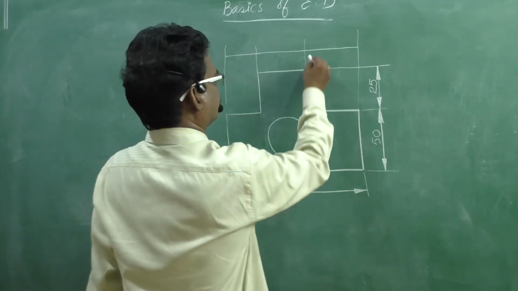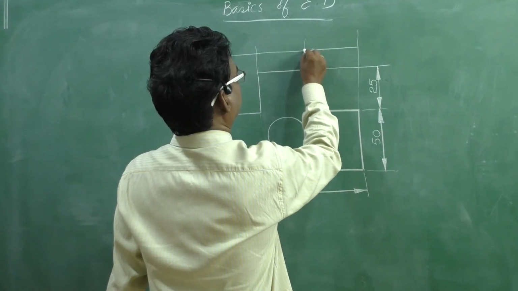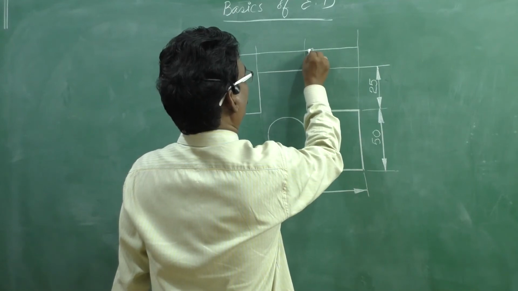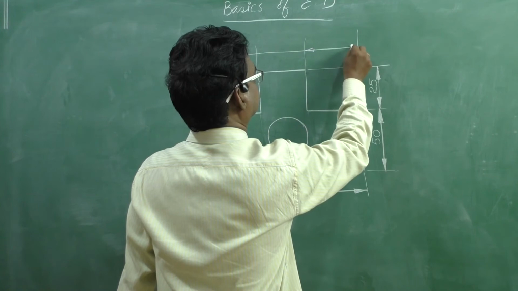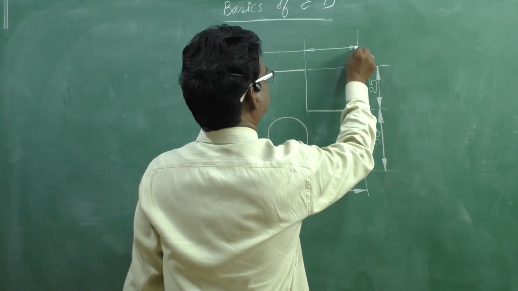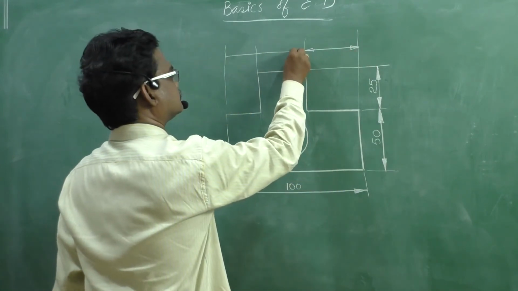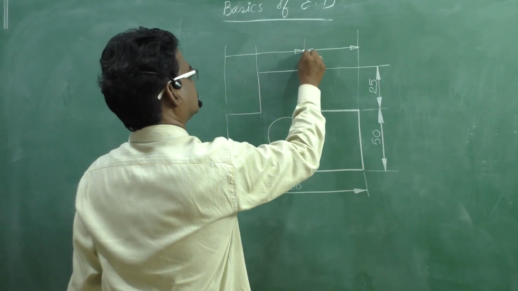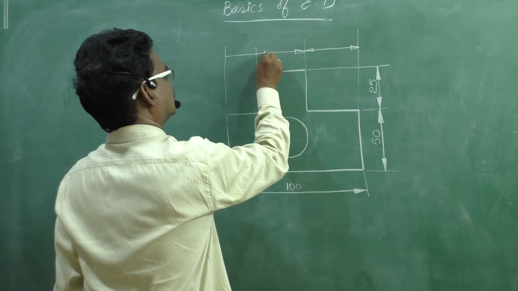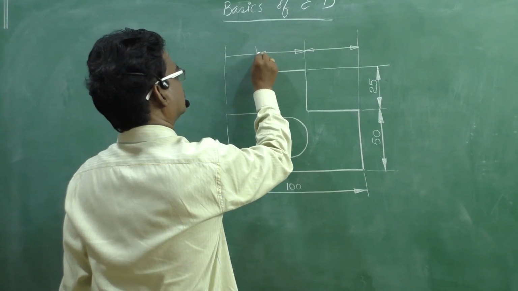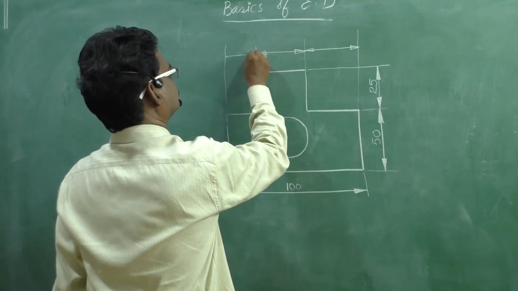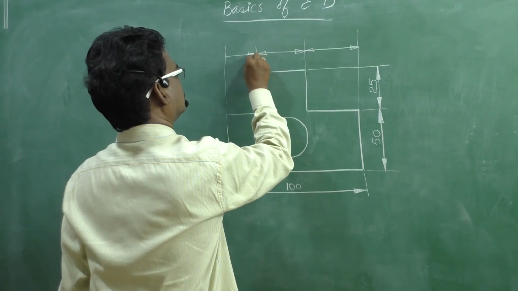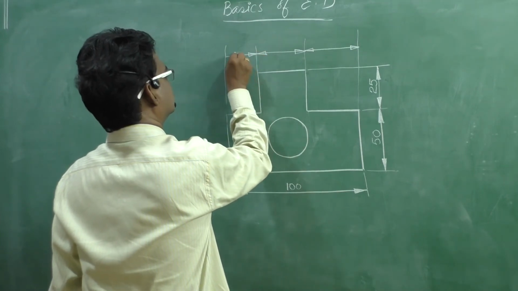Okay. Therefore, first draw the arrowheads. On the drawing sheet you need to darken the arrowheads. Here every time I cannot darken.